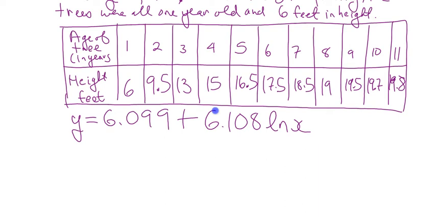When we run a logarithmic regression, we get a natural log. We're using ln as the base of the log. We don't get a base 10 log.